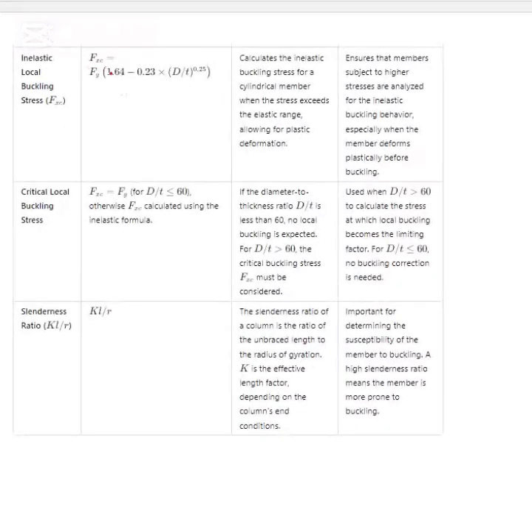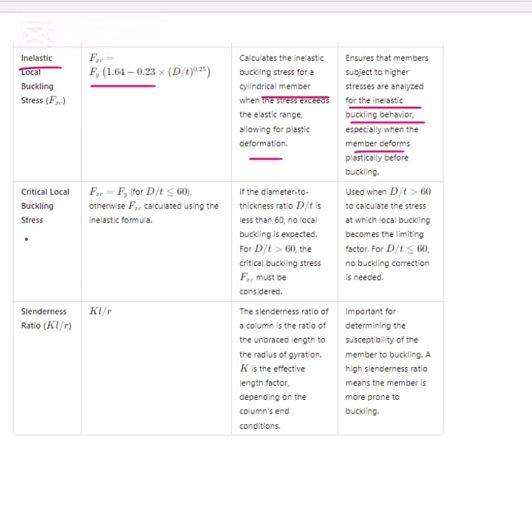Next one is Fy, which calculates the inelastic local buckling stress for a cylindrical member when the stress exceeds the elastic range, allowing for plastic deformation. This ensures that members subject to higher stresses are analyzed for inelastic buckling behavior, especially when the member deforms plastically before buckling.